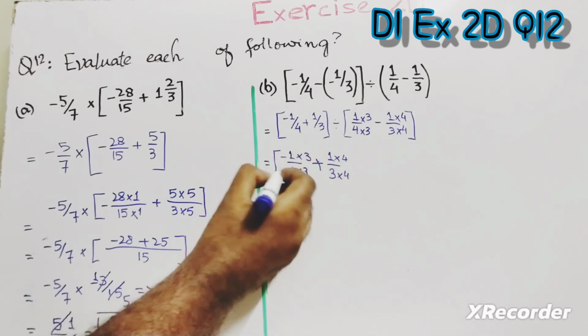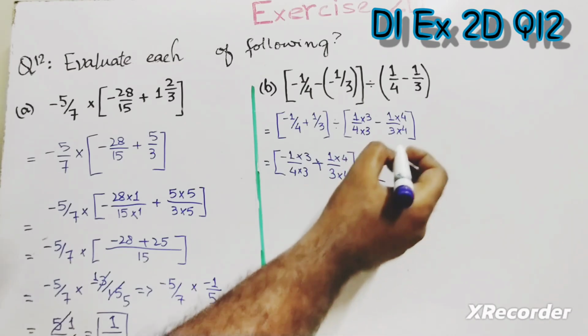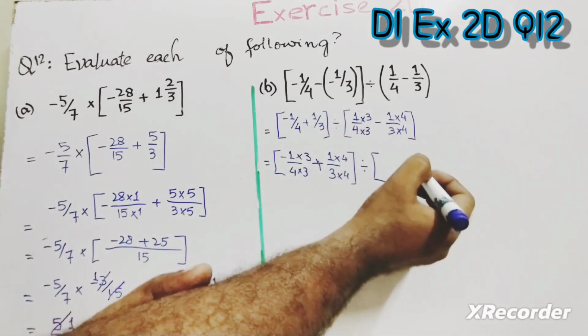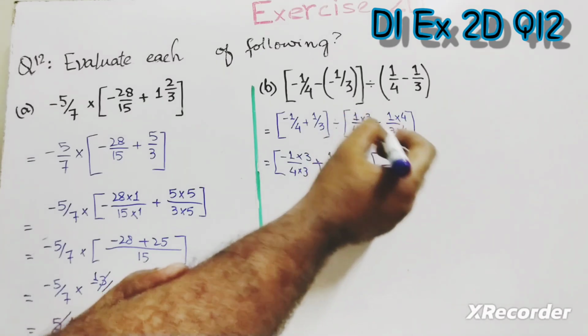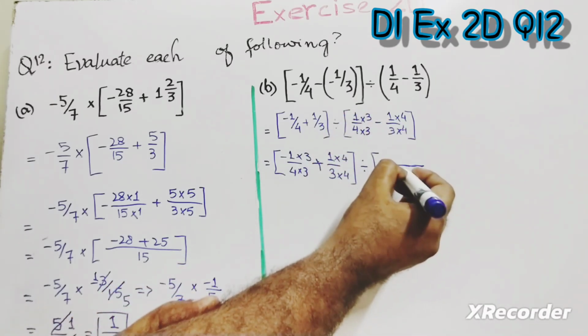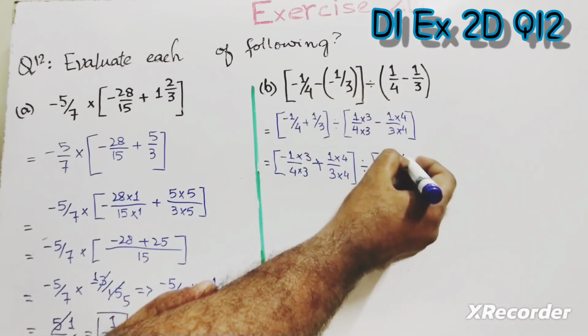This is our first bracket, divided by. We can write the common denominator as 4 times 3 is 12. 1 times 3 is 3 plus 4.